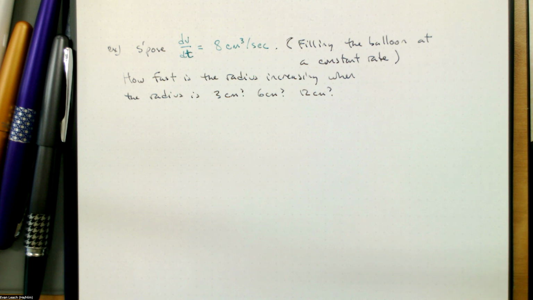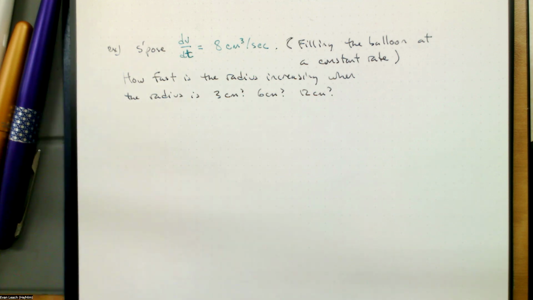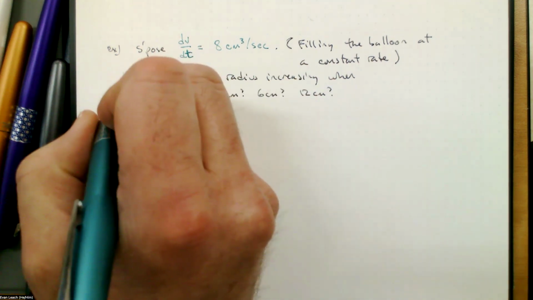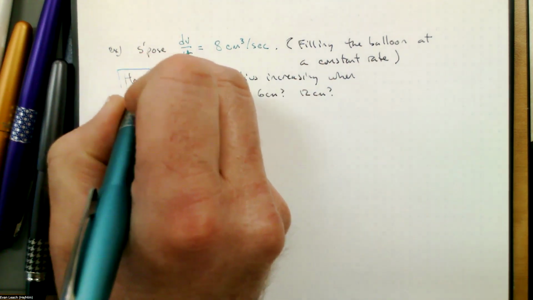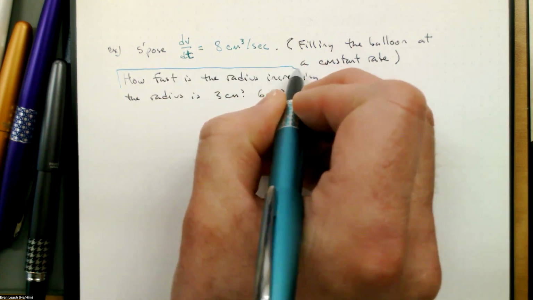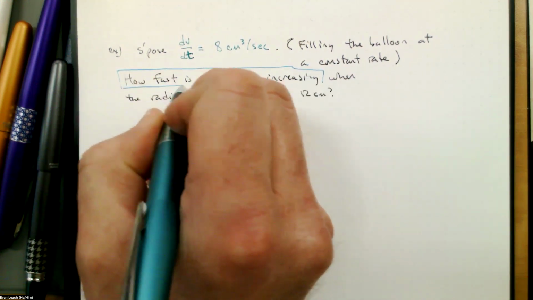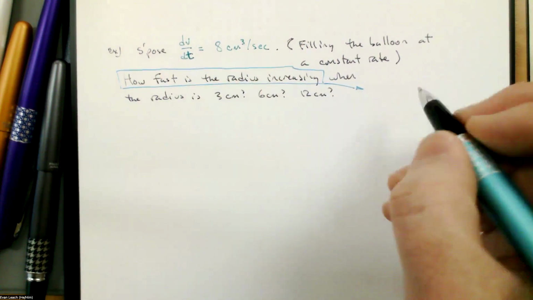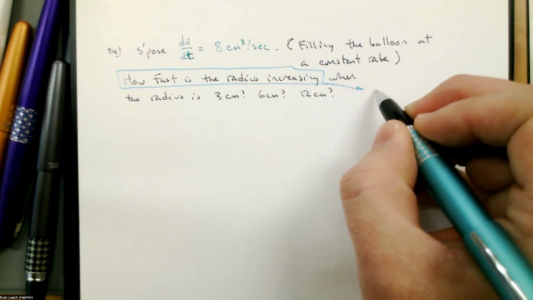So my question is, what's happening to the radius at these different sizes of balloon if the volume is increasing at a constant rate? When I say how fast is the radius increasing, we need to be able to translate this into calculus. We're saying, what is dr/dt?